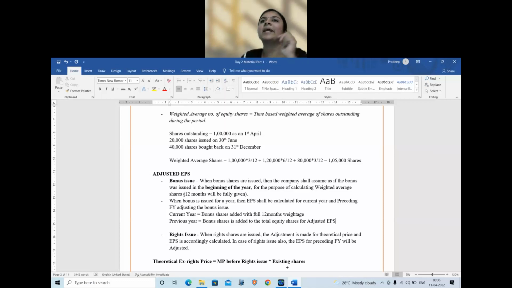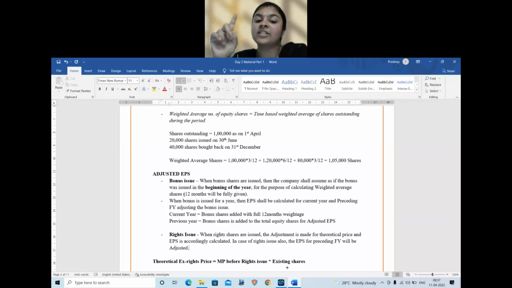Second, rights issue. Now in a rights issue also additional shares are issued, but what is the difference? For rights there is an amount that is collected from the shareholders, a nominal value. It will not be equal to the market price, but it will be some nominal value that is collected. So when the rights are issued, adjustment is going to be made for this rights factor, or we call it the adjustment factor.